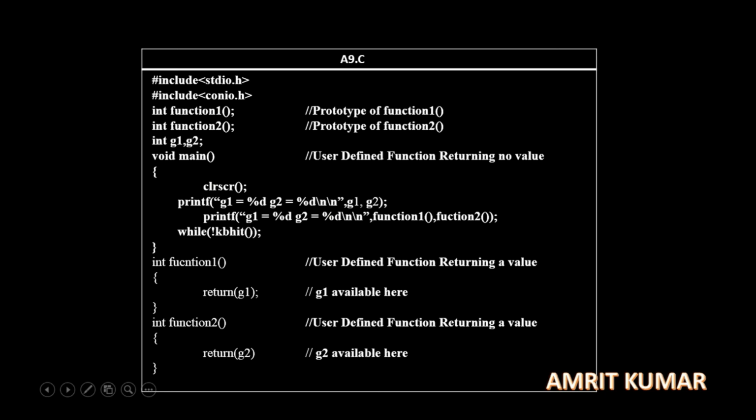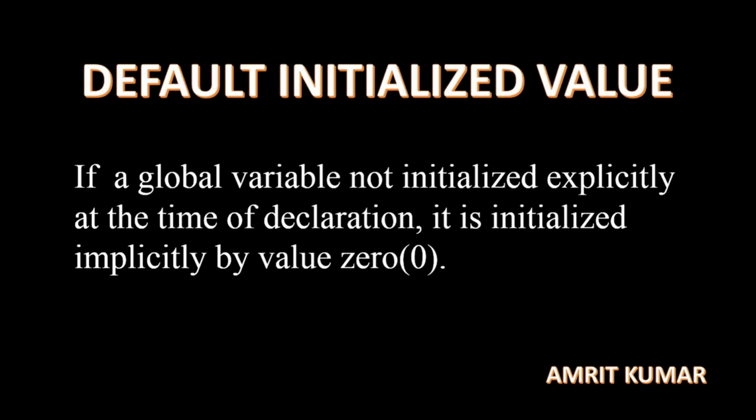So moving on to the next property, that is default initialization, or we can say initialized value. If a global variable is not initialized explicitly at the time of declaration, it is initialized implicitly by the value 0. This is a very important point.